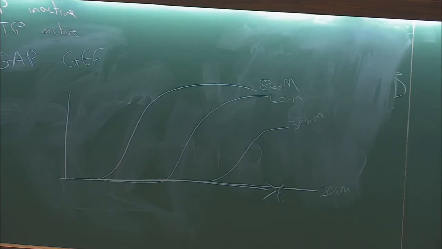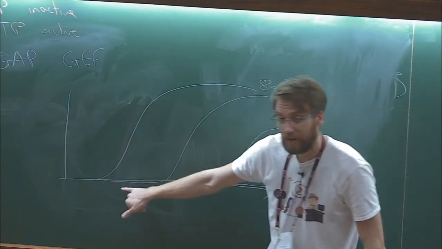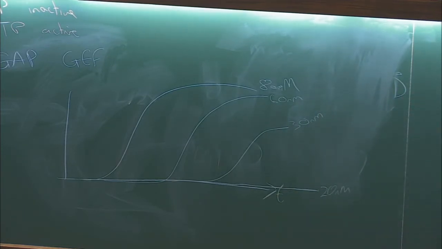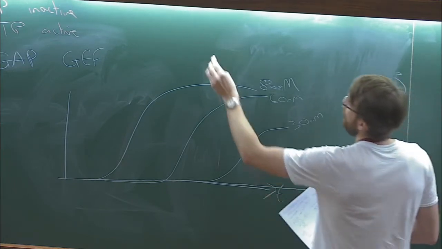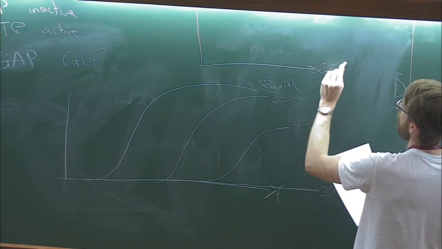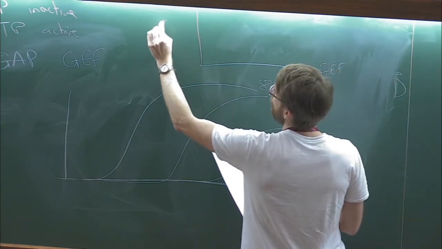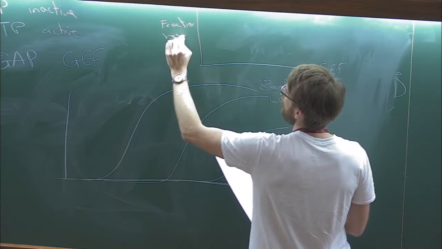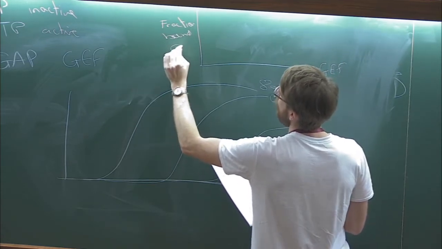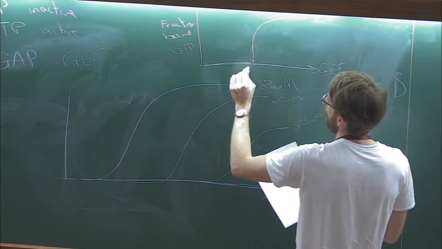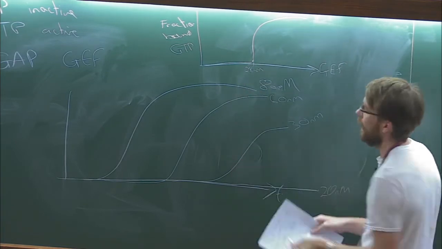What was also interesting was that it had a time delay. And in fact, if you plot the time delay versus 1 over the GEF concentration, it was almost exactly a straight line. So if you plot the GEF concentration versus the active fraction bound, the GTP form, basically it's, if I remember rightly, this was at 28 nanomolar.